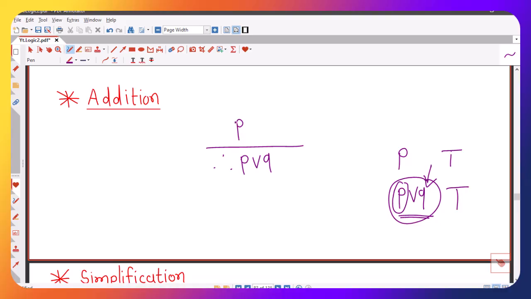So whenever P is true, we can write that P or Q is also true. Therefore this is also a valid argument form, and this rule of inference is known as addition. And if we wish, we can use truth table also to check the validity.